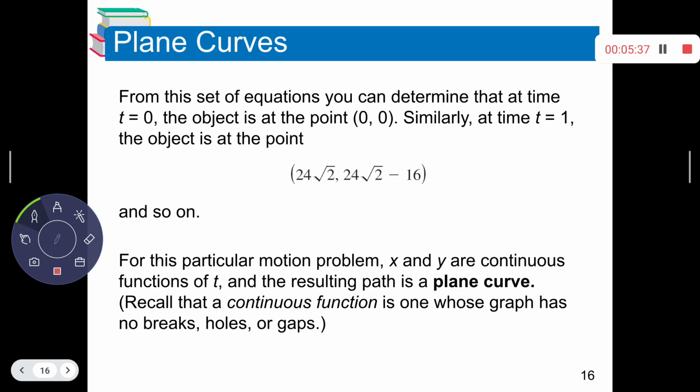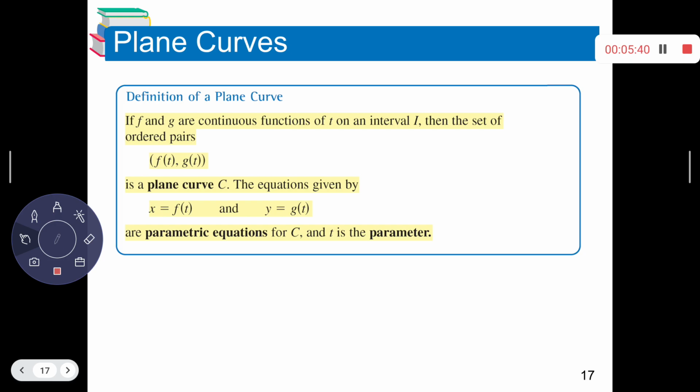Okay, I think now we are going to graph one of these. Oh, no, we got a definition. So I would definitely put this into your notes. This is the definition of a plane curve. If f and g are continuous functions of t on the interval I, then the set of ordered pairs f of t and g of t is the plane curve C. So they're naming the curve C. The equations are given by x equals f of t, so this is your x position, and y equals g of t.